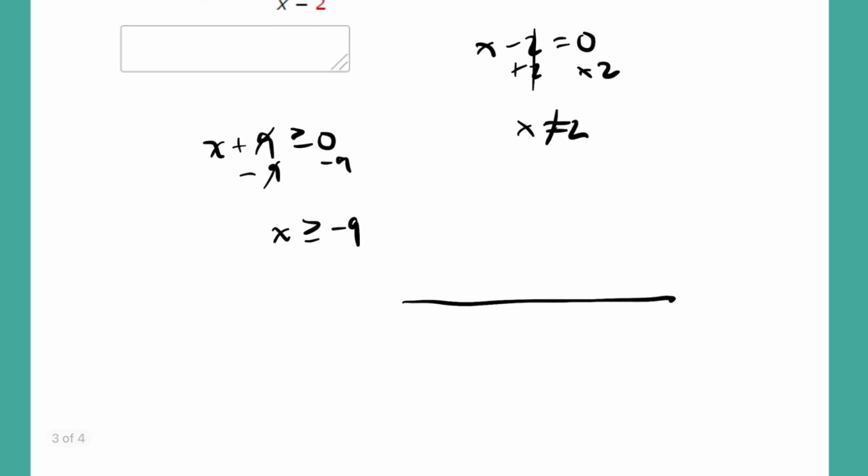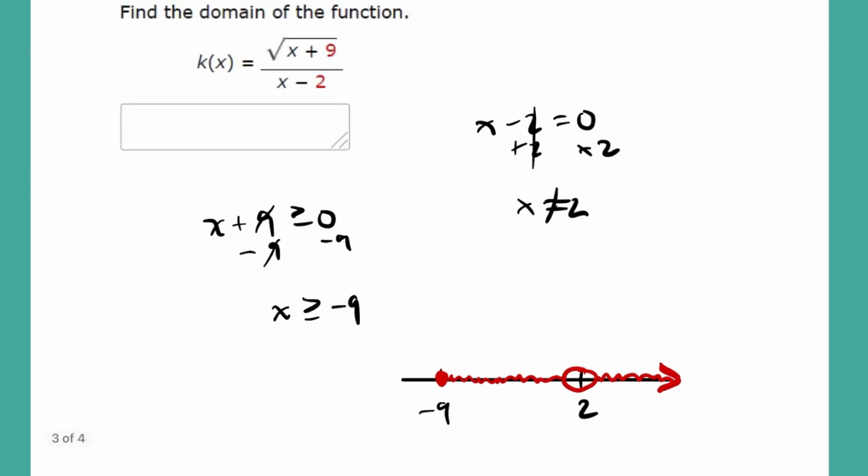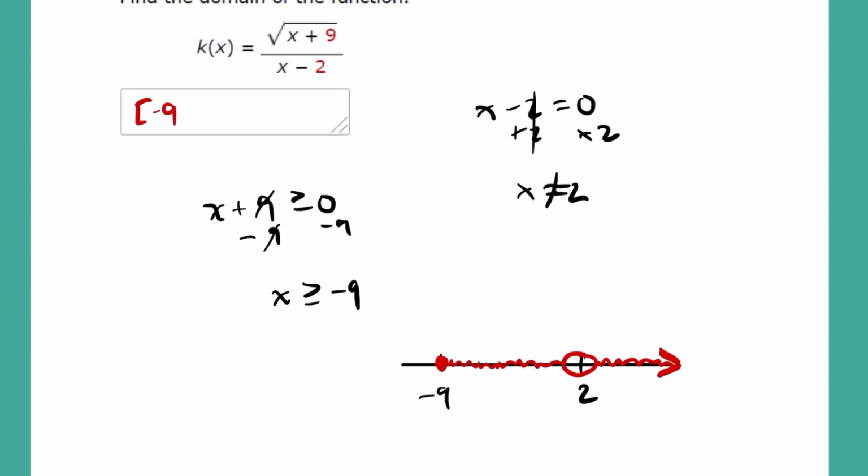So the domain will be all the values that are not equal to 2, so open circle at 2, and they have to be greater than or equal to negative 9. And you just have to jump over that hole there. So you could state the domain as everything from negative 9 to positive 2, excluding positive 2, union positive 2 to infinity.